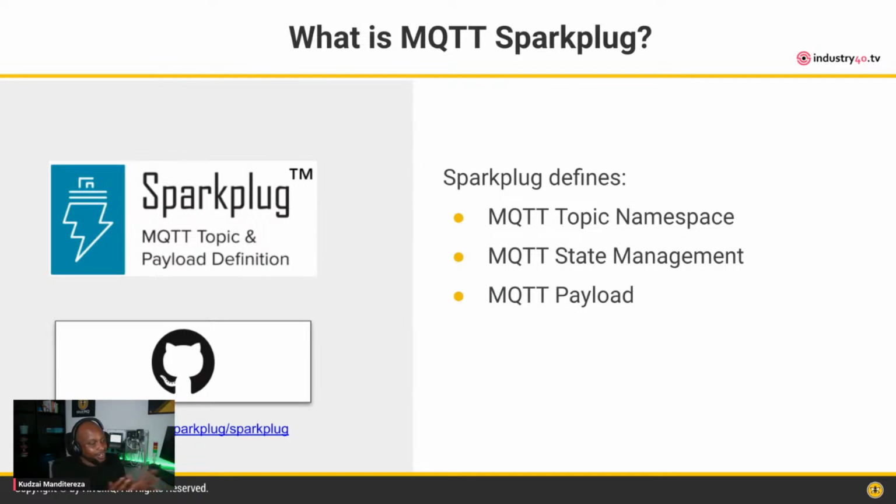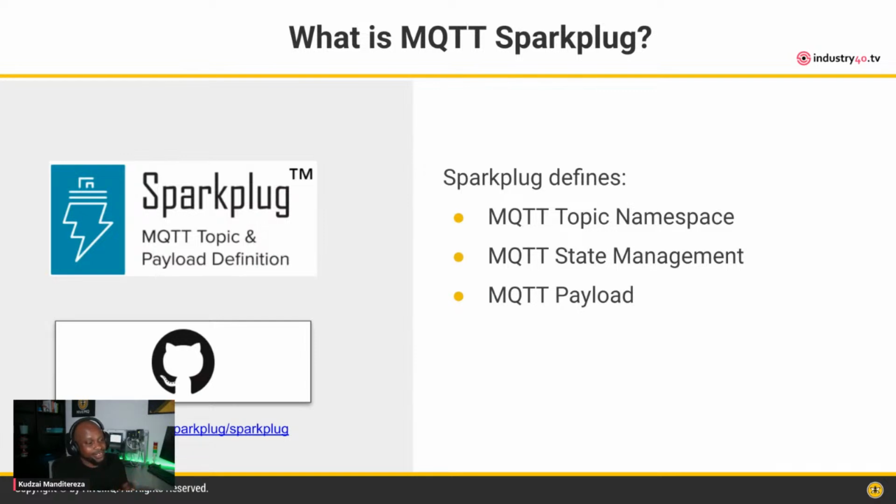So again, what we've been talking about is MQTT, and for those of you who are not familiar with Sparkplug, just a quick brief here. Sparkplug basically is a specification on top of MQTT that defines a consistent topic namespace, which is crucial for industrial interoperability.